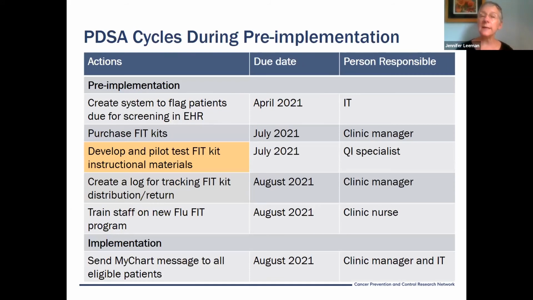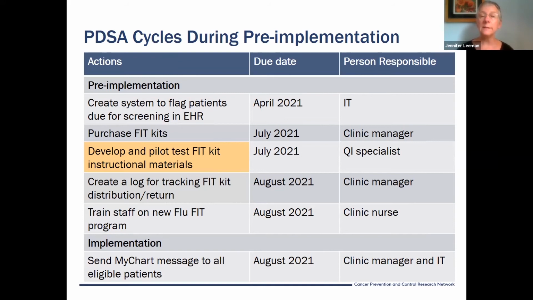So PDSA cycles, as I've said, can be done pre-implementation or during implementation and sustainment. And so this is an example of how you might do a PDSA cycle prior to implementing your flu FOBT intervention.